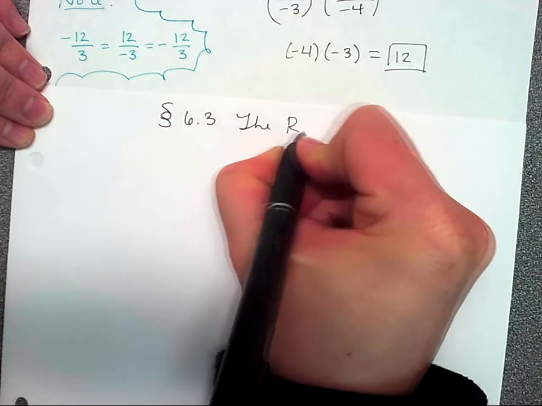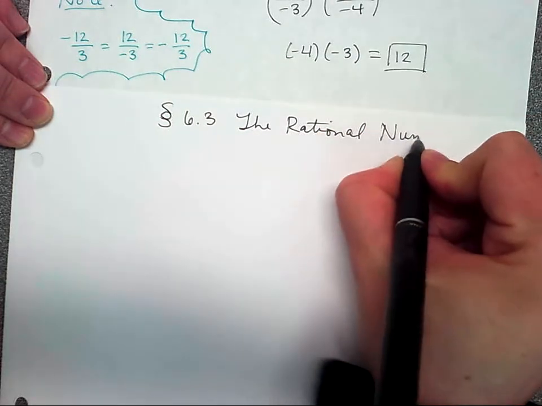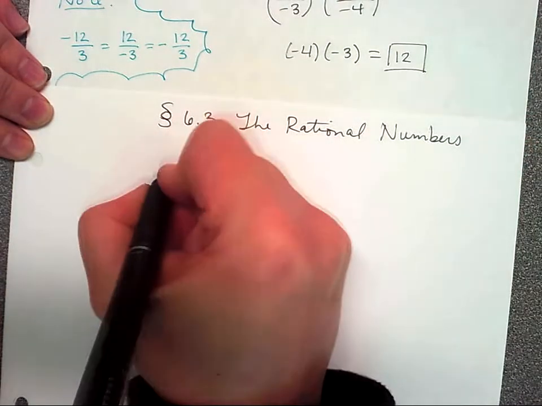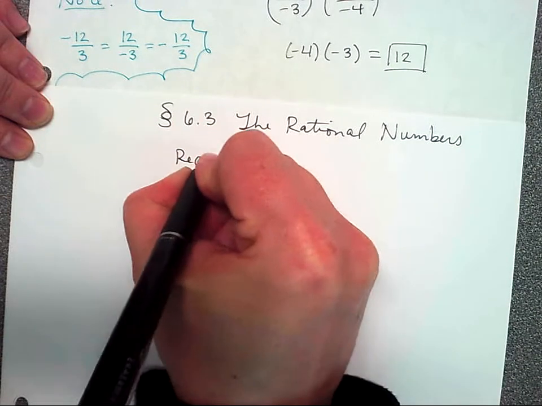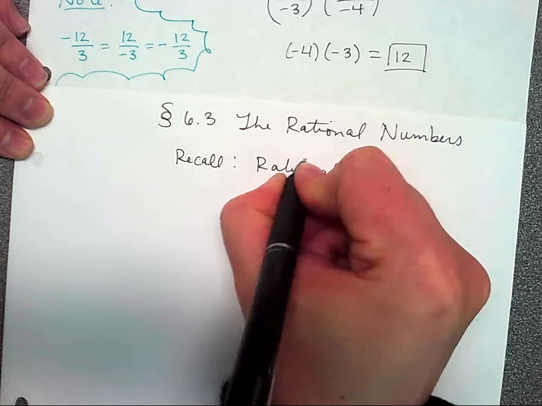6.3 is the rational numbers. So recall, what are the rational numbers?